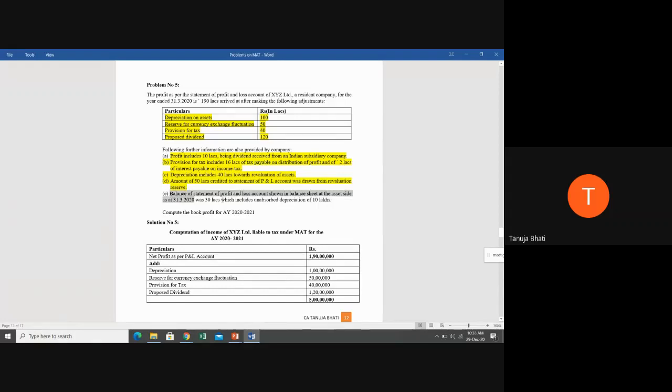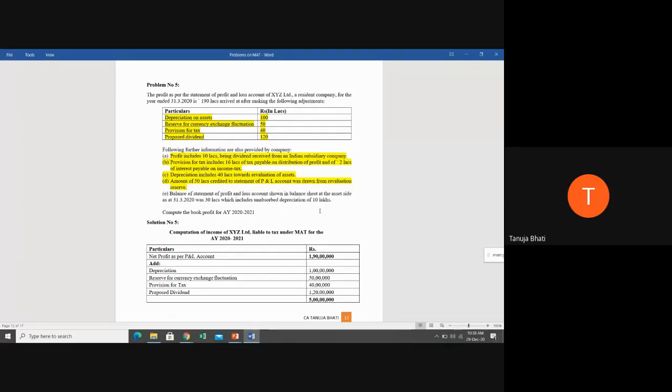And the last point, balance of statement of P&L account shown in balance sheet asset side is 30 lakhs and unabsorbed depreciation is 10 lakhs. So if the P&L account is reflecting on the asset side, it means it is a loss. So there is a loss of 30 lakhs and unabsorbed depreciation is 10 lakhs. So what are you going to take? Students, unabsorbed depreciation or brought forward loss as per books of accounts, whichever is less.